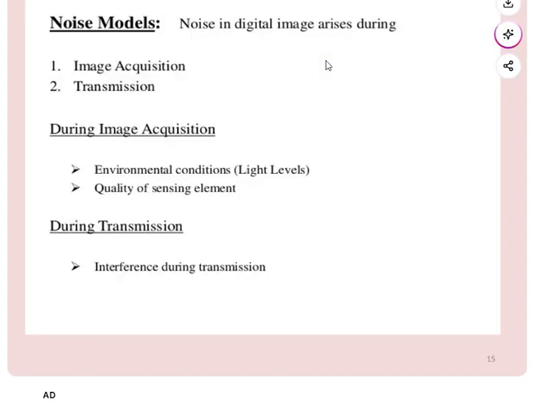Noise in a digital image arises due to image acquisition and image transmission. During image acquisition, the factors are environmental conditions and the quality of the sensing element, whereas during transmission, it is the interference that takes place, and it is very important for the noise model.